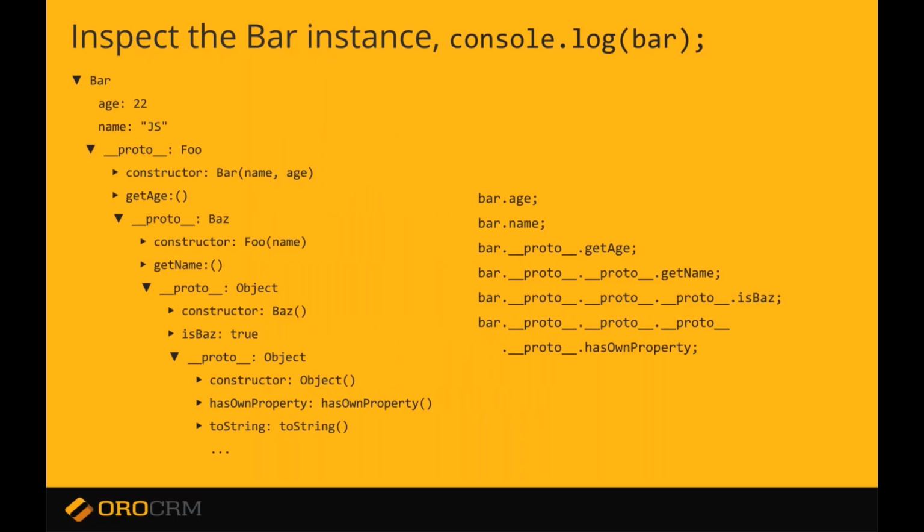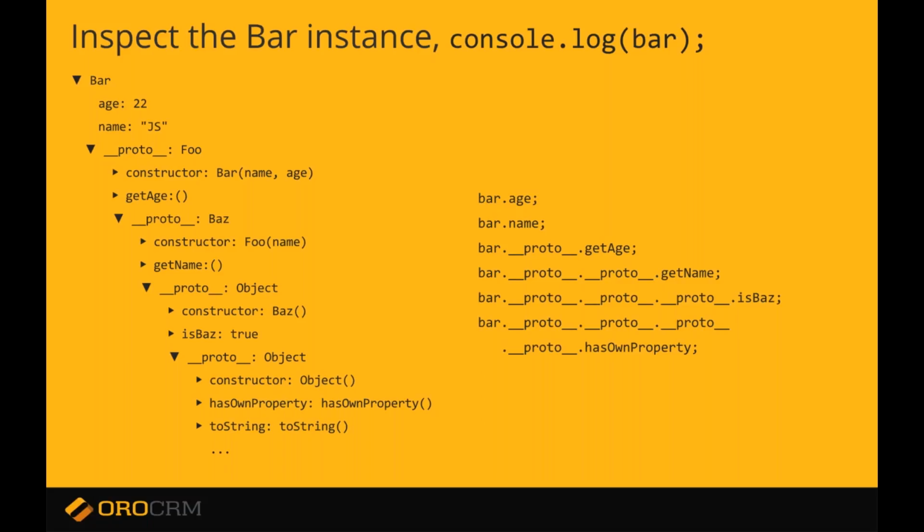Let's look at the exception to understand what has changed once we inherit it, when we change the prototype chain. Bar instance is the object still created by bar with two own methods.